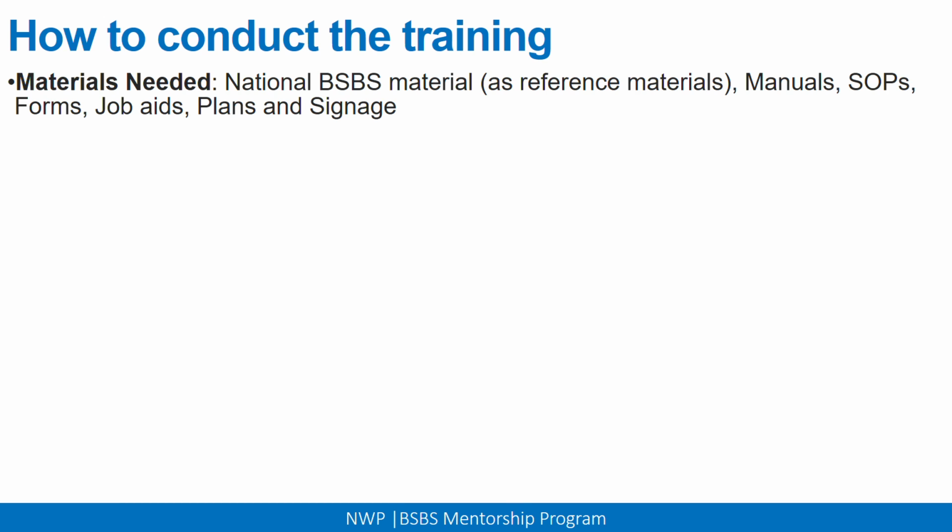So you can say the manual training will take 2 to 3 weeks, but in those 2 to 3 weeks, you are also covering the SOPs and the forms. So you're combining a training where you're looking at 3 different document types, but by the end of the manual training, you would have covered all the SOPs and the forms.